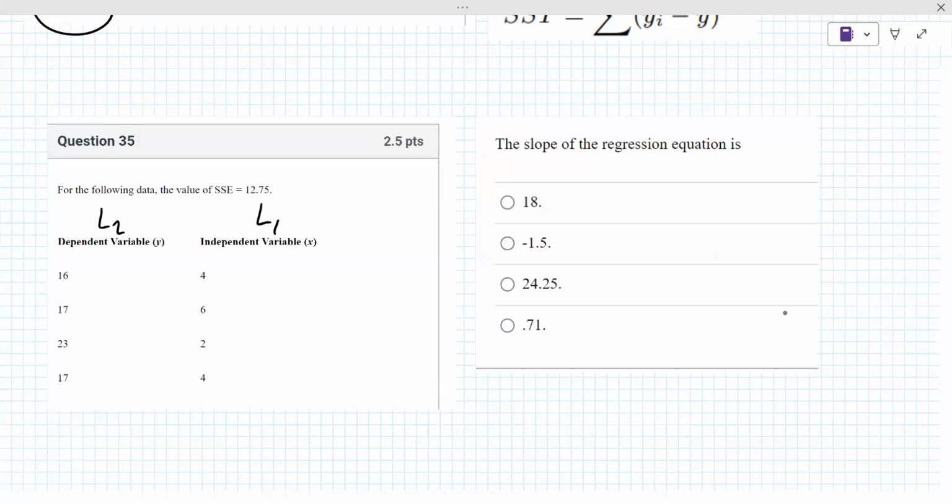L1, L2, they want the slope this time. So when you get A plus BX, they're looking for that value right there. So go ahead and enter that in, do the calculations, and see what you come up with.